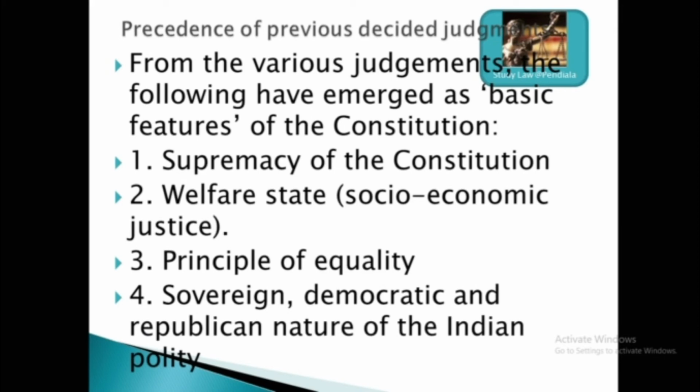Another feature is the sovereign, democratic, republican nature of the Indian polity, the important aspects of the preamble. The sovereignty of the country, democracy, norms of the country, and republican nature of the Indian polity cannot be violated due to a constitutional amendment.